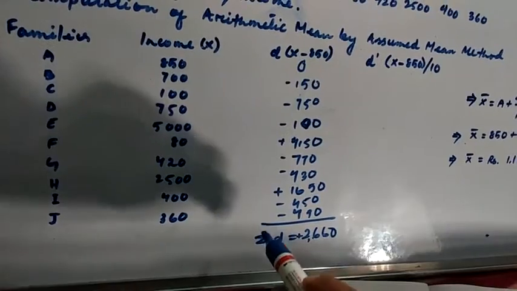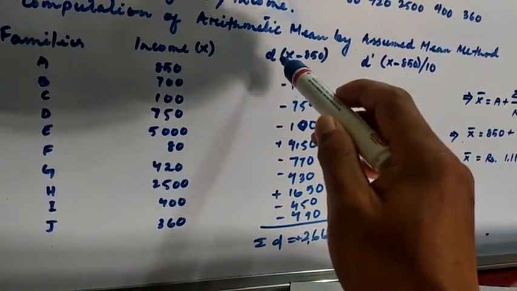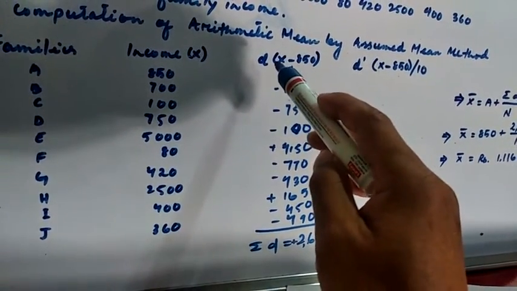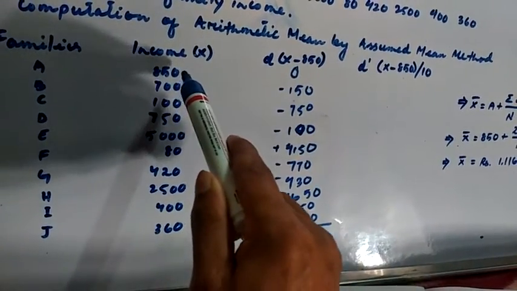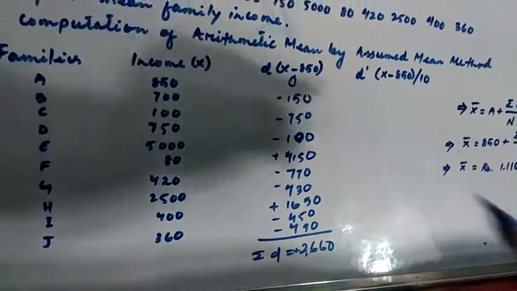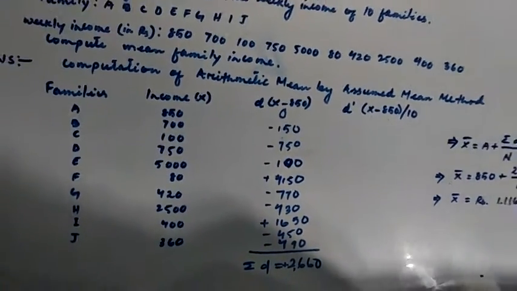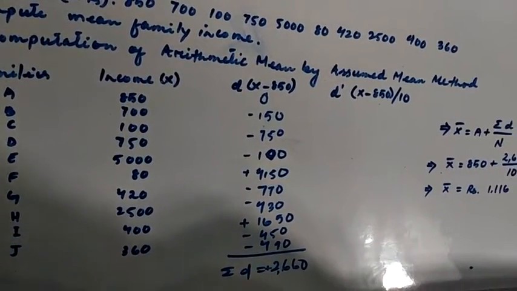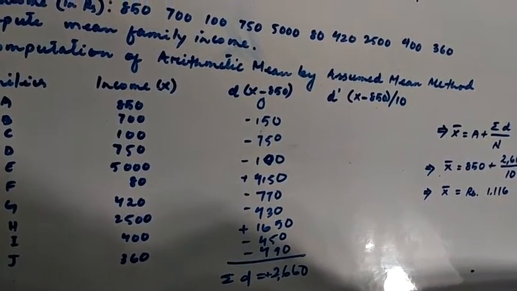To find out this summation of D, first we have to find out the value of D. How do we find D? We subtract 850 from X, and 850 is our assumed mean. Next, we have to find out d dash.